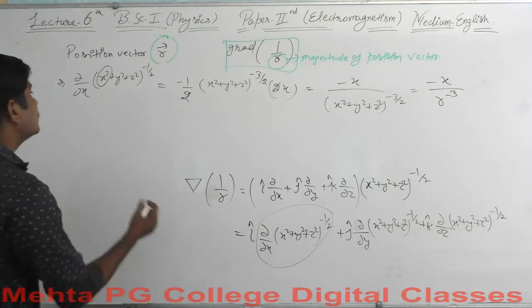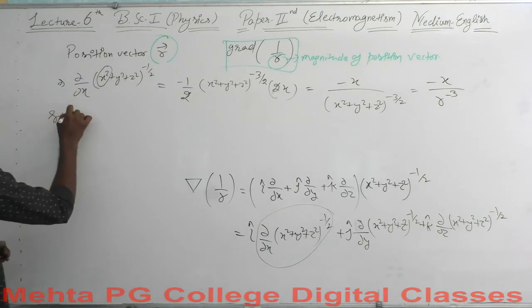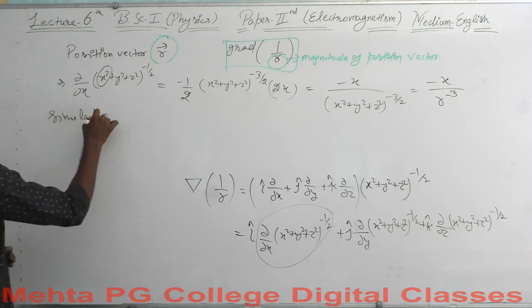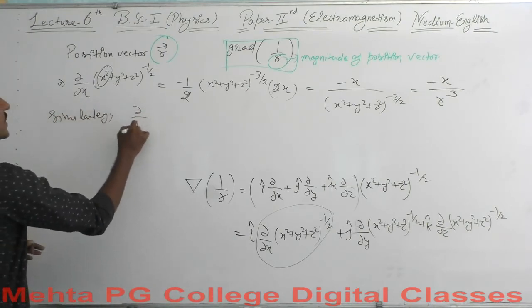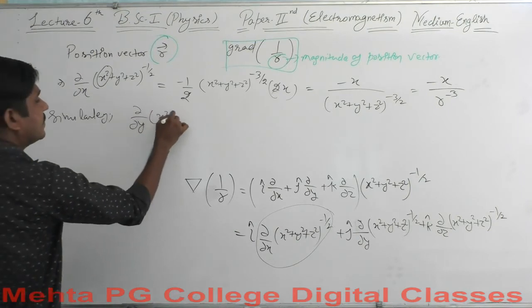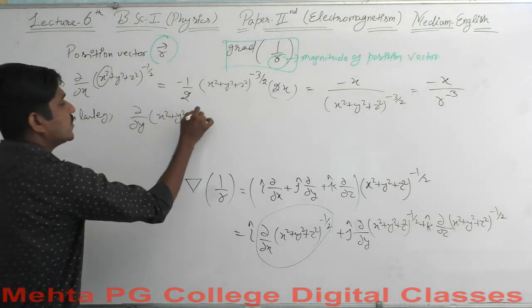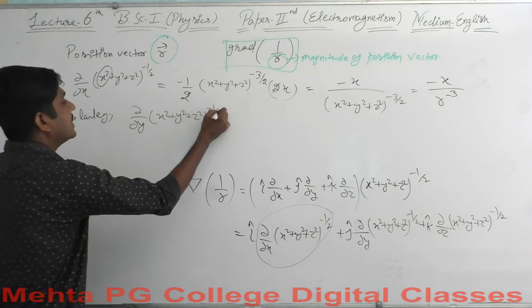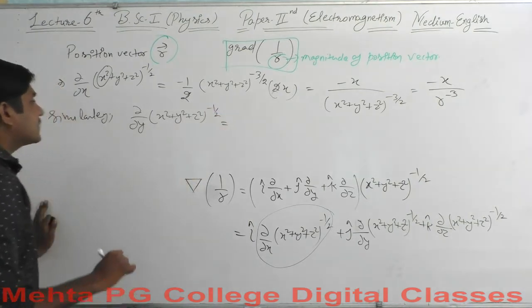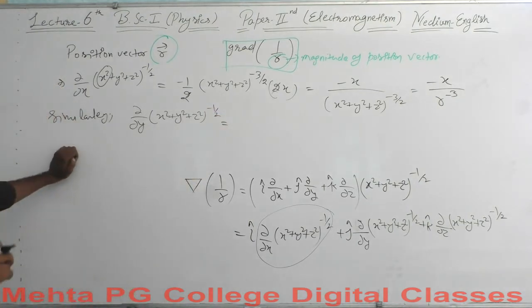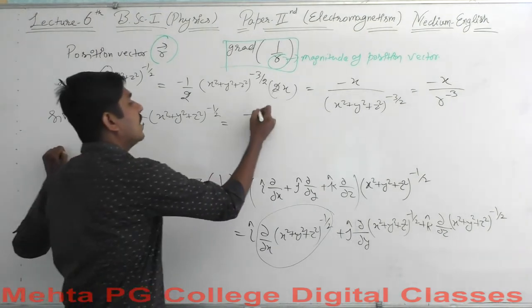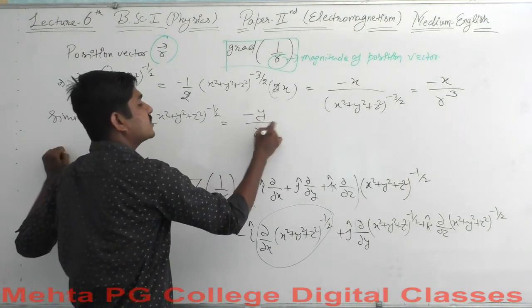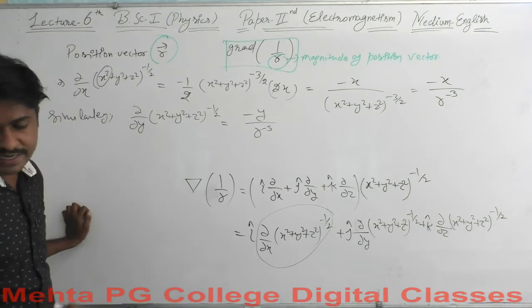Similarly, ∂/∂y of (x² + y² + z²) to the power minus 1 by 2 will equal, what will be the value of ∂/∂y in this? This will equal minus y over r raised to power minus 3 again.